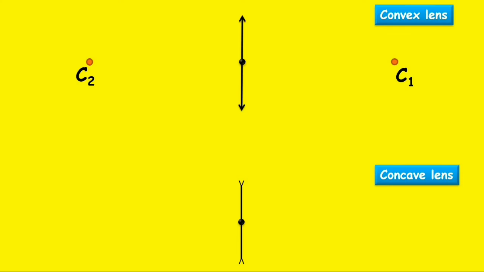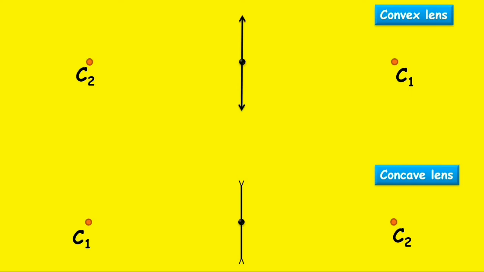For the convex lens, on the right hand side we have C1 and on the left hand side we have C2. Coming to the concave lens, they also have two surfaces, hence two centers of curvature, but C1 and C2 are inverted when compared with the convex lens.